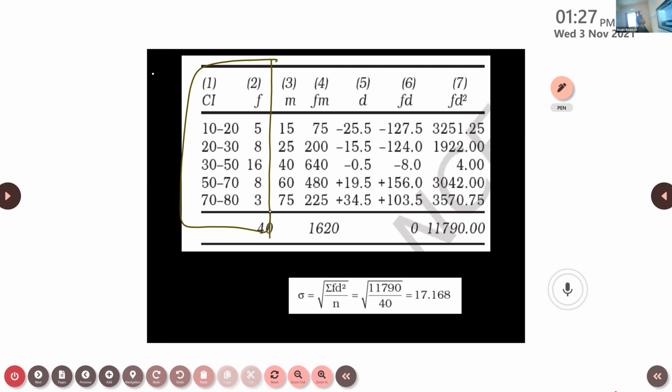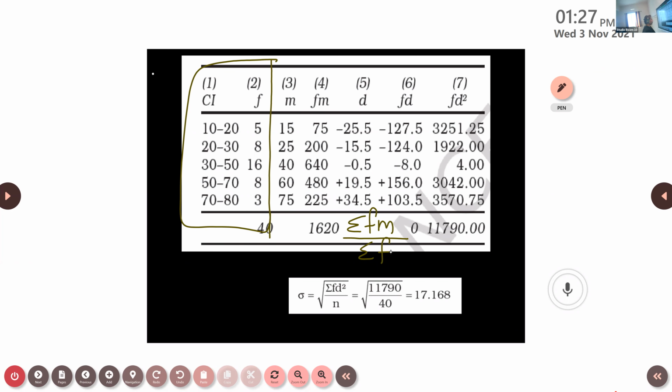How to calculate mean? Do you remember? If you get a continuous series, how to calculate mean? Sigma Fm by sigma F. This is the formula to get mean.